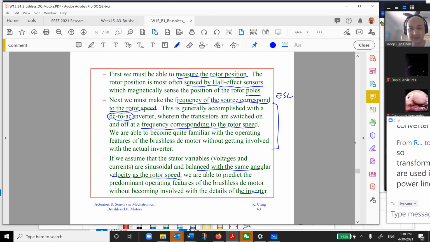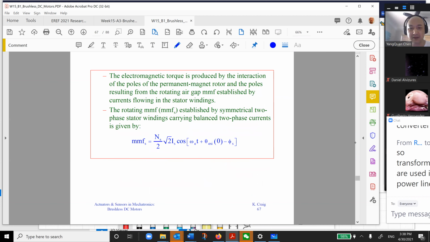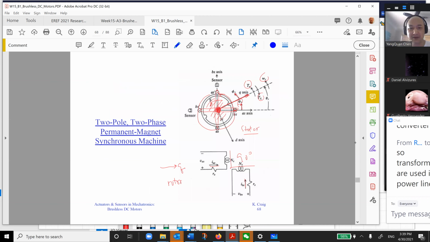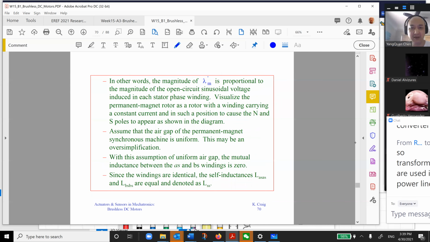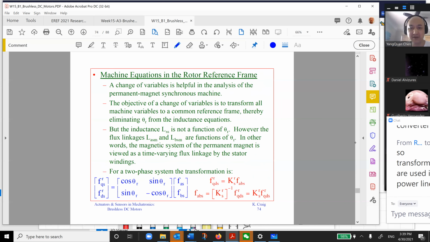So let's see how we can explain. Let's skip this one to the voltage equation and winding inductance. This all looks similar, we have seen it. So lambda is the flux linkage, okay? And we come to the machine equation in the rotor reference frame. We can put it in matrix form.